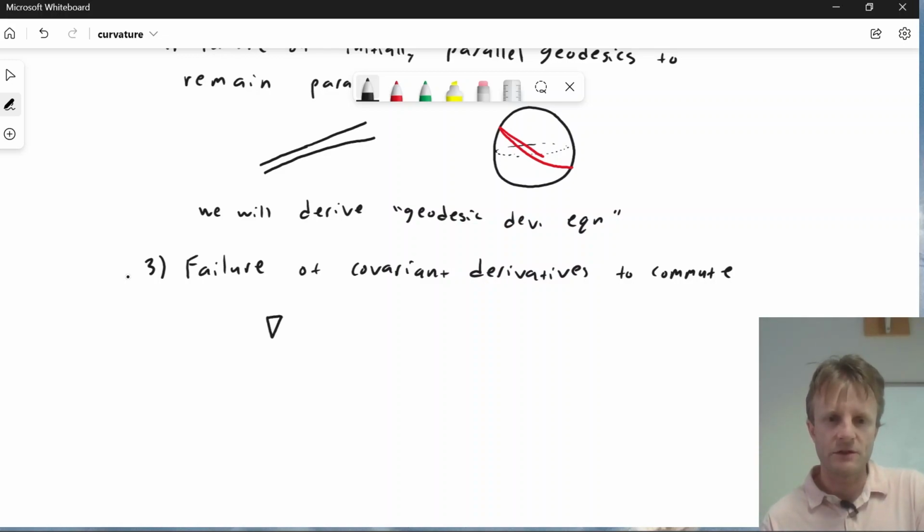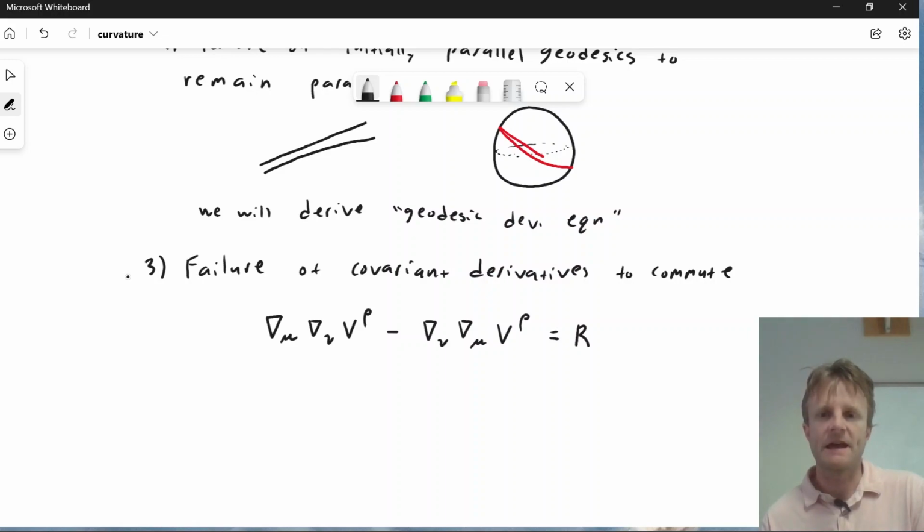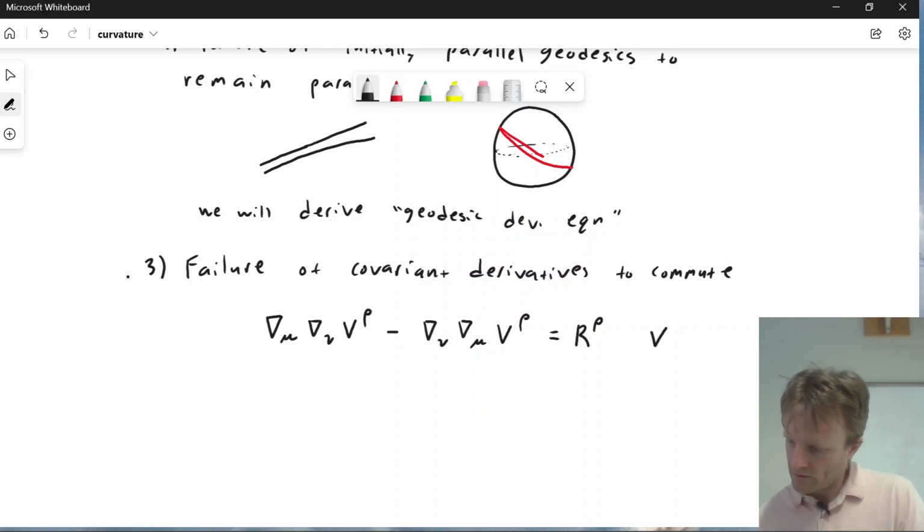And so our definition of the Riemann tensor will be del mu, del nu, v rho, minus del nu, del mu, v rho, equals something acting linearly on v. So we need, again, an upstairs index to absorb the rho. We need a downstairs index to absorb the mu and the nu, and we put those last in this definition.